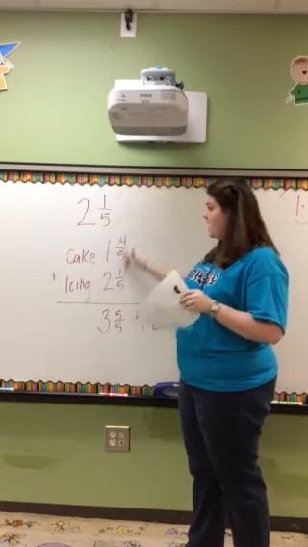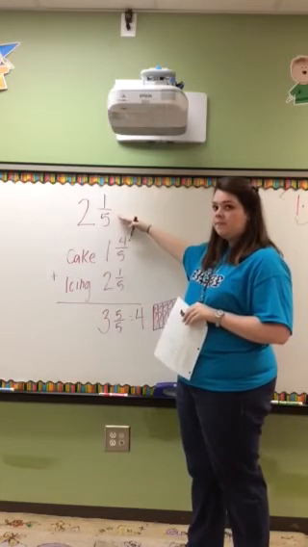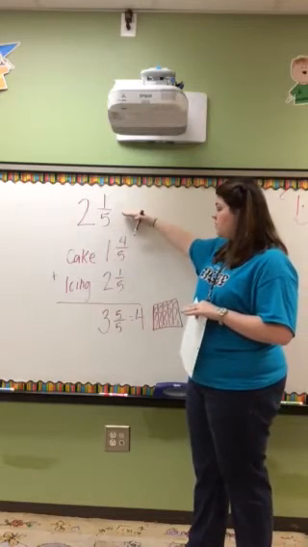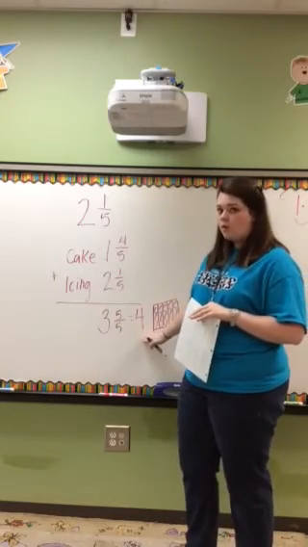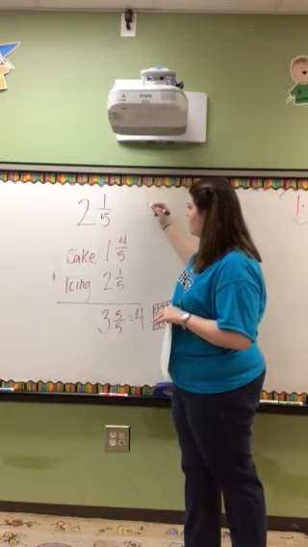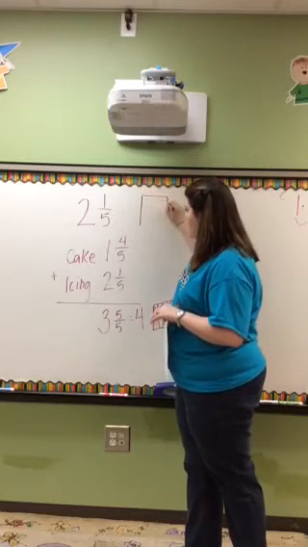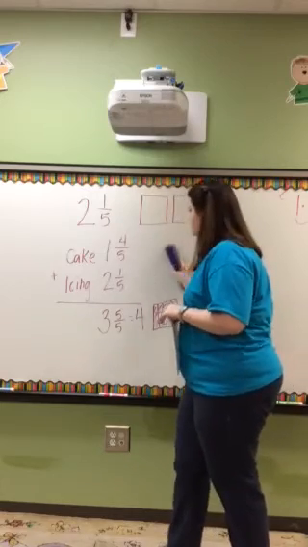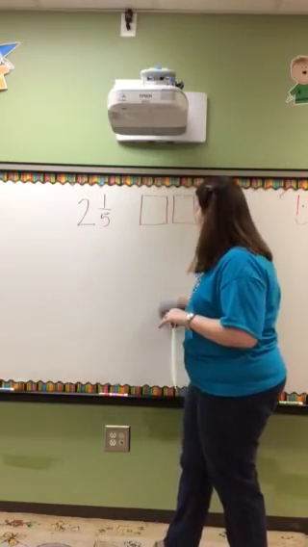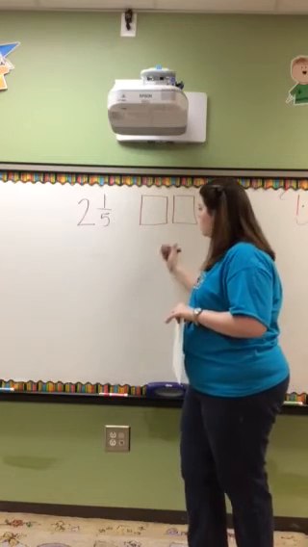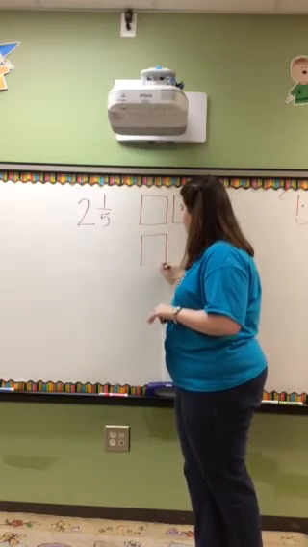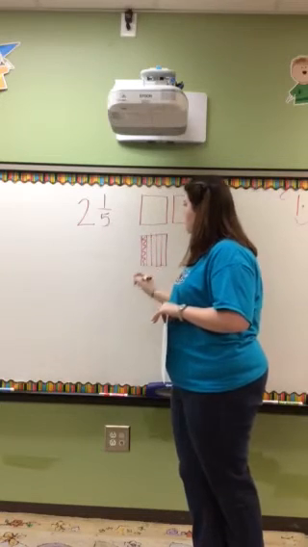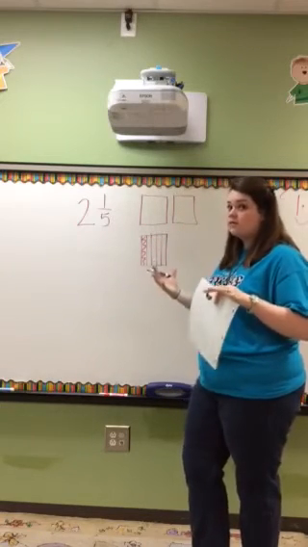And he only has 2 1/5. So I need to see how much more icing does he need to make 4 wholes? So let me count up from what I already know. I have 2 wholes, and I have 1/5. And I need 4 wholes altogether.